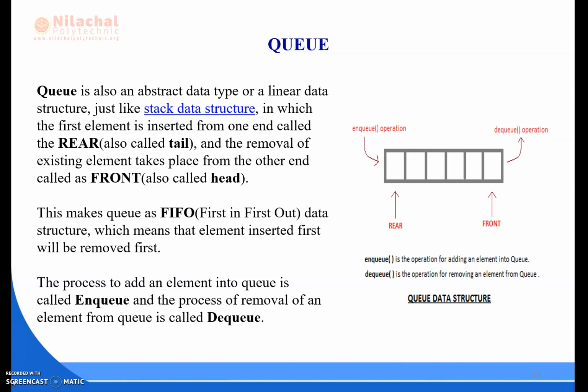So let's start. Queue is also an abstract data type or a linear data structure, just like the stack, in which elements are inserted from one end, known as the rear end, and the removal of elements takes place from the other end, that is the front end, also known as head, and the rear is also known as tail.